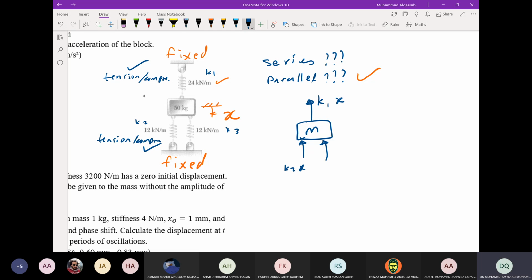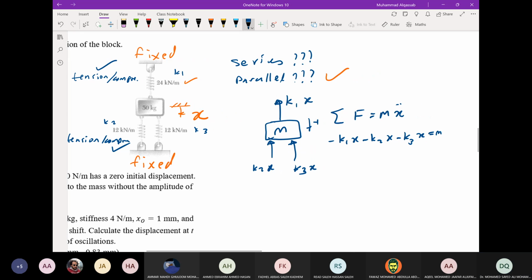with k2x and k3x. When you apply Newton's second law, sum of forces equal to m x double dot, with downward positive, we have minus k1x minus k2x minus k3x equal to m x double dot. So it is minus (k1 plus k2 plus k3) times x equal to m x double dot.